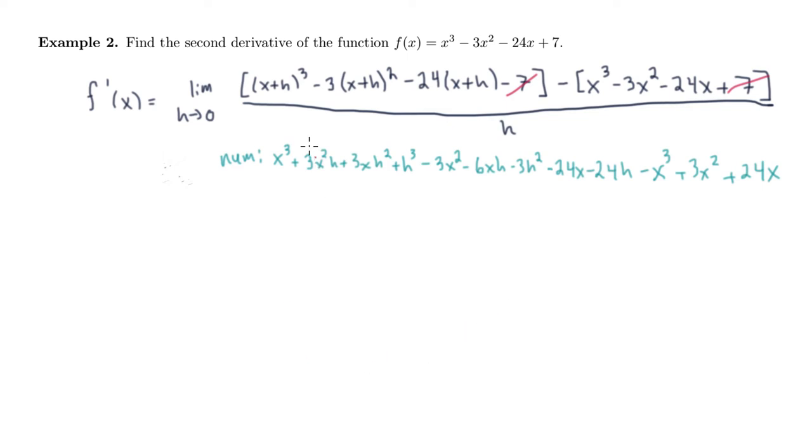And let's see what cancels. X cubed cancels, minus x cubed. We have minus 3x squared plus 3x squared. Then we have minus 24x plus 24x. So all in all, what does the numerator become?